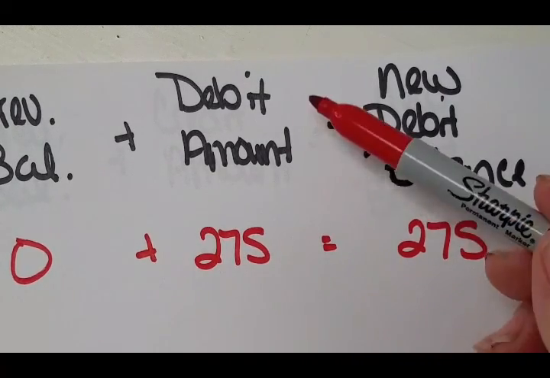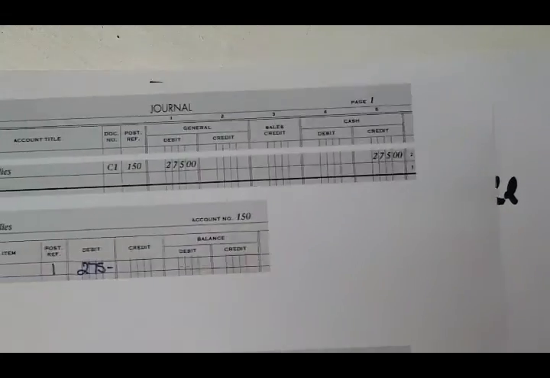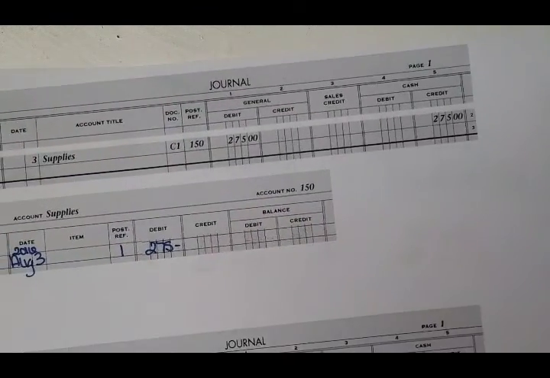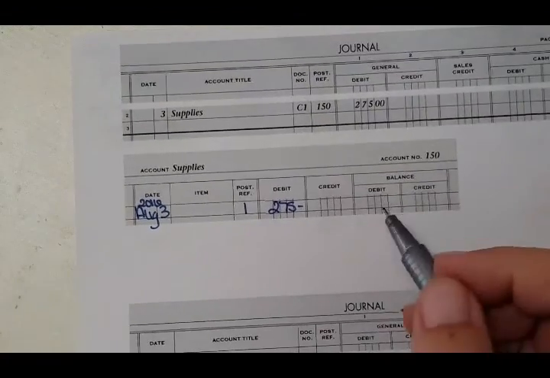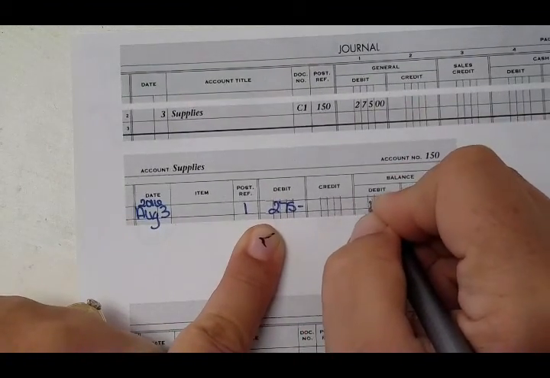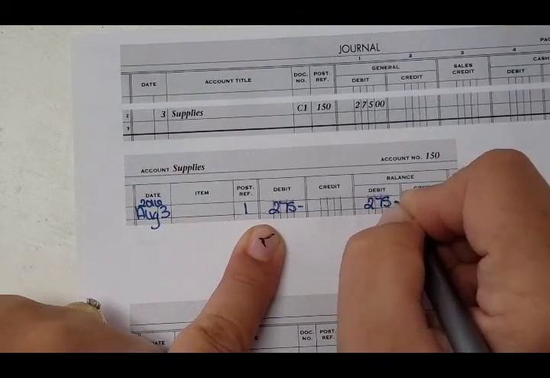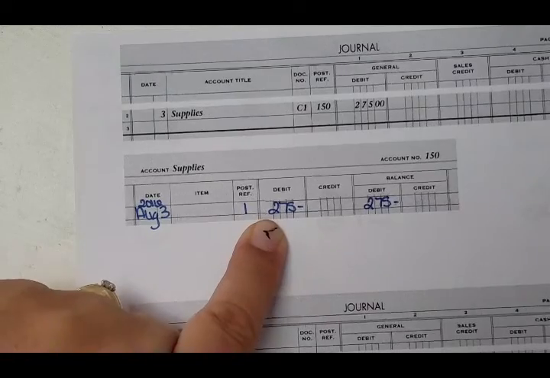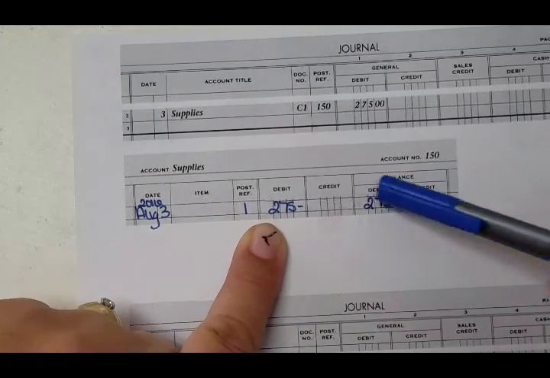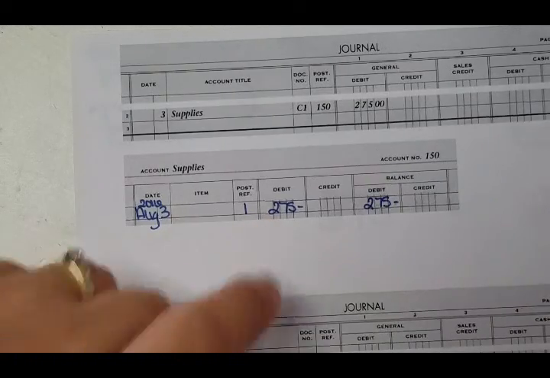Because this is supplies, and supplies is an asset with a normal debit balance, and because this was a debit, we're going to put this in the debit balance column. You must do the balance after every posting. There should be something in the balance columns after every posting.